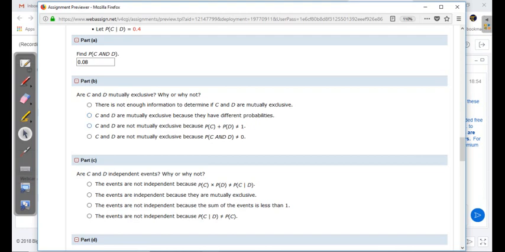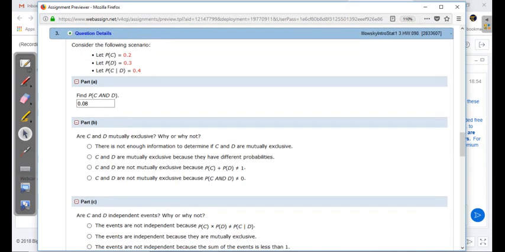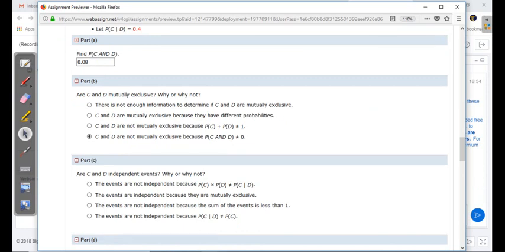No, not necessarily. Are they mutually exclusive because P of C plus P of D does not equal 1? Well, that's not necessarily true, right? I mean, even though they add up to be 0.5, are the probabilities of C and D not equal to 0, or not mutually exclusive? Well, let's say they're not mutually exclusive because P of C and D does not equal 0.